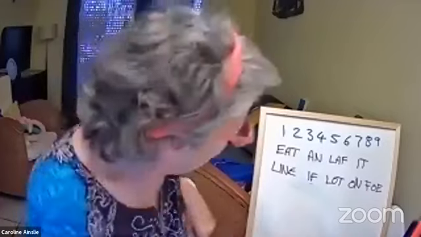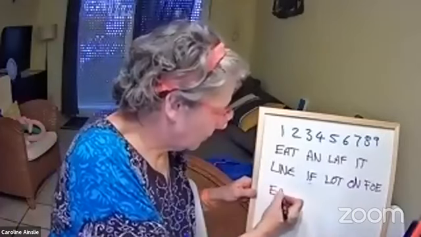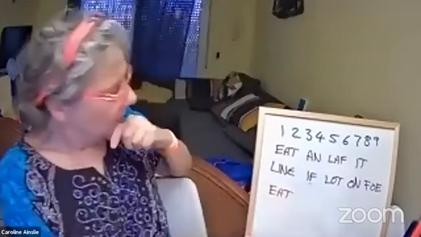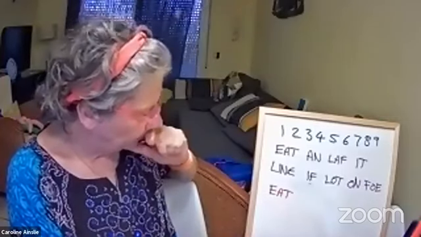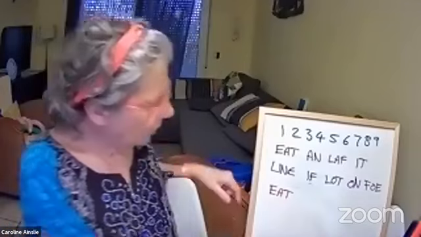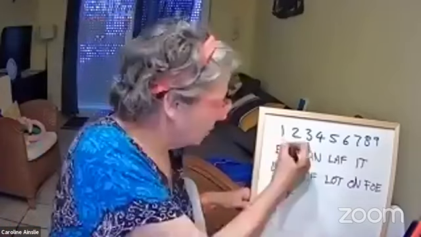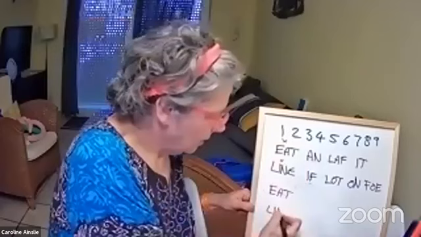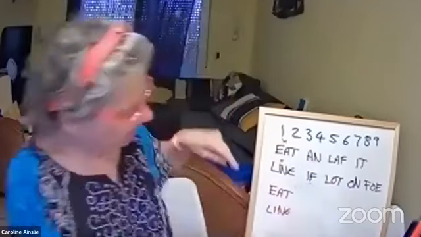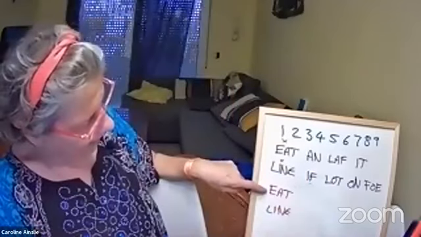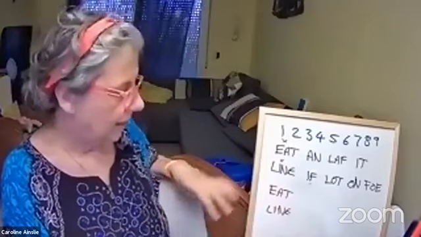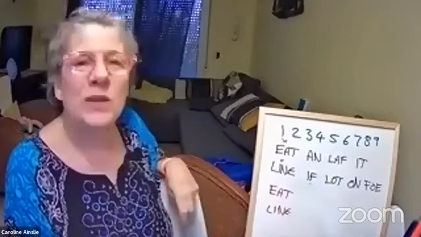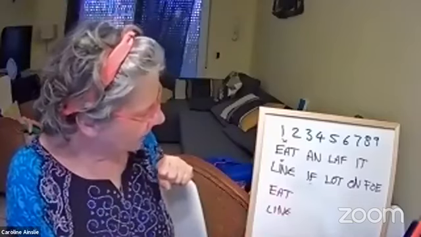Okay, so I'm going to start with eat, because I'm hungry. I haven't had my breakfast yet. So team 2 says, well, I'm going to choose line, because, cross out eat, cross out line, that takes the E out, but also it gives me 3 letters that I can then possibly win with.